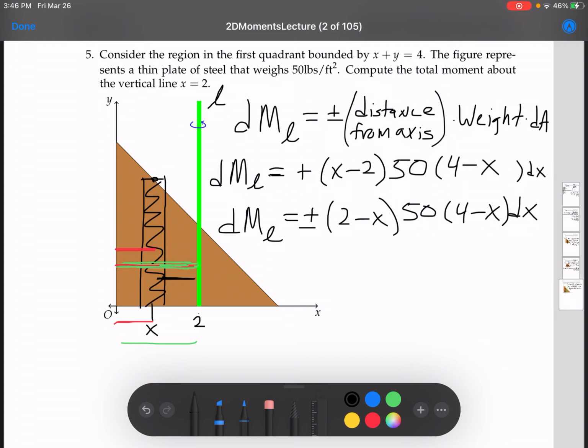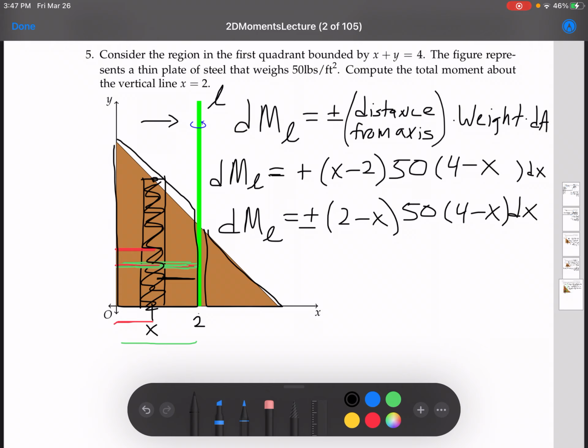Now think about what would happen. We're told by this little blue arrow that this part rotating out of the page and this part rotating into the page is positive. But again, if we think of this triangular piece here as a piece of plywood, and our thin rectangle here has steel, and we throw it on there, we're going to rotate the opposite way.